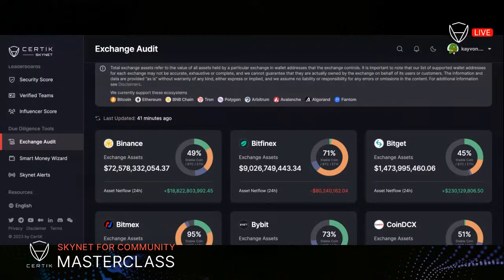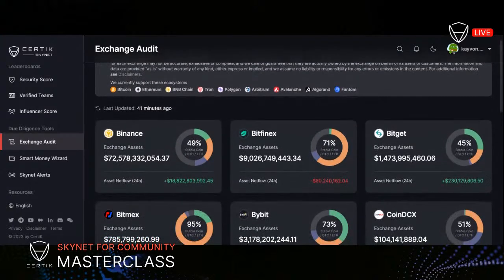We plug into all of those, and then we monitor all those and visualize all that data in real time. So you can go in and see everything about a project or an exchange. You can see all the different assets that they're holding. You can see their change in asset volume on a daily basis, right? Do they have total net inflows or outflows? We can dive in deeper to show some of those insights as well.